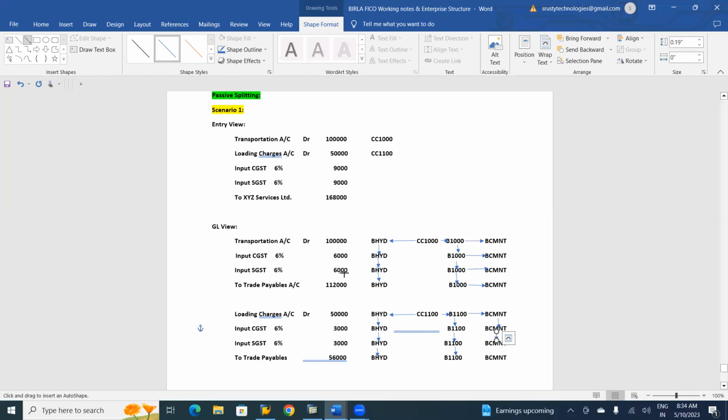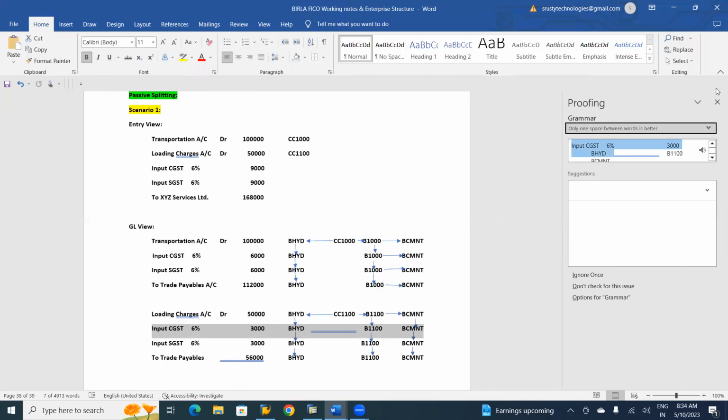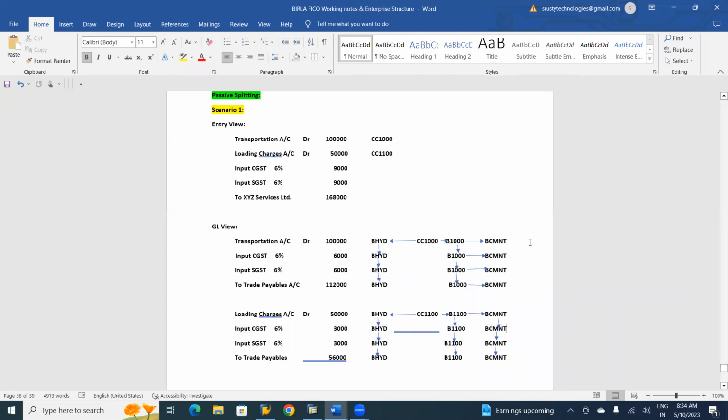Because we need to explain to the client how it's going to be triggered. If you are in an implementation project, the client doesn't know what this business area is, or how the entry looks after posting. So we need to explain with an example. That's the reason I'm showing you these entries. Any other questions from anyone?